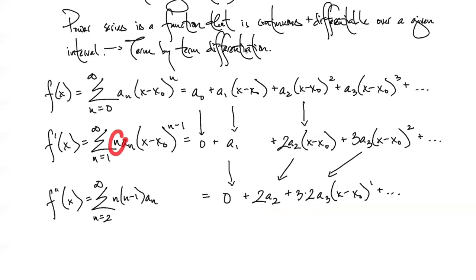So the first n is from this power, and this n minus 1 is from this power, because we're using power rule. And then we have x minus x naught to the n minus 2, lose another power, right? Keep taking that power down as we go. And that is what we know for power rule.